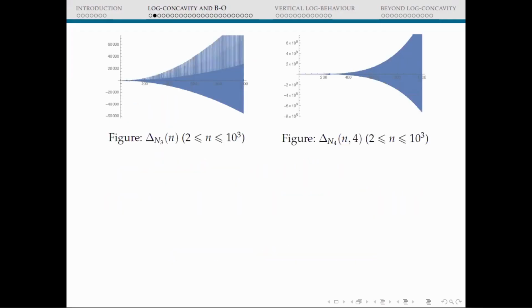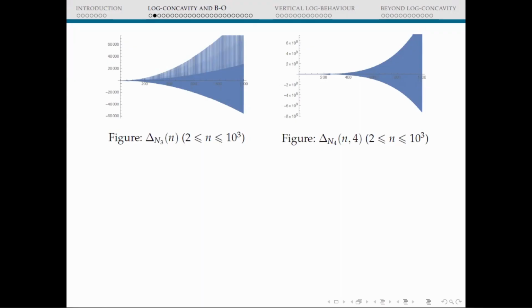In particular, if k is smaller than or equal to 4, then it turns out that the graphs look like this. So we have infinitely many numbers n for which the function is positive, as well as infinitely many points for which it is negative.